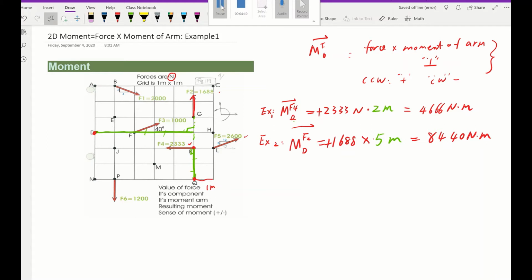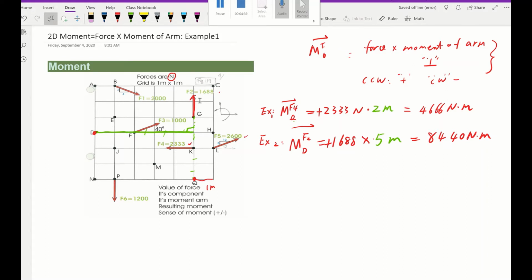All right, so now let's look at those two problems we just did. F4 is a horizontal force, right? If it is horizontal, you notice the moment arm, this 2 meters, happens to be in the vertical direction, because it has to be perpendicular.